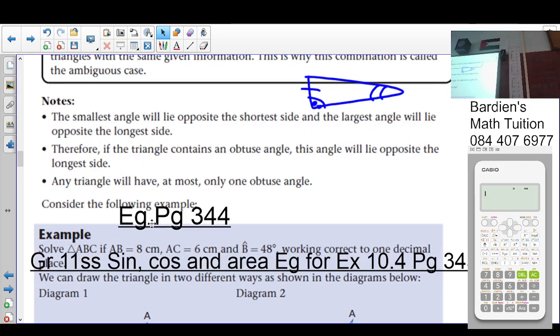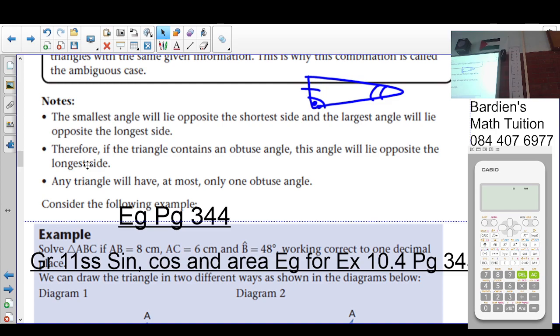Note that the smallest angle lies opposite the shorter side, and the largest angle is opposite the longer side. Therefore, if the triangle contains an obtuse angle, the angle lies opposite the larger side. How many obtuse angles can you have in a triangle? A maximum of one, because angles in a triangle add up to 180.